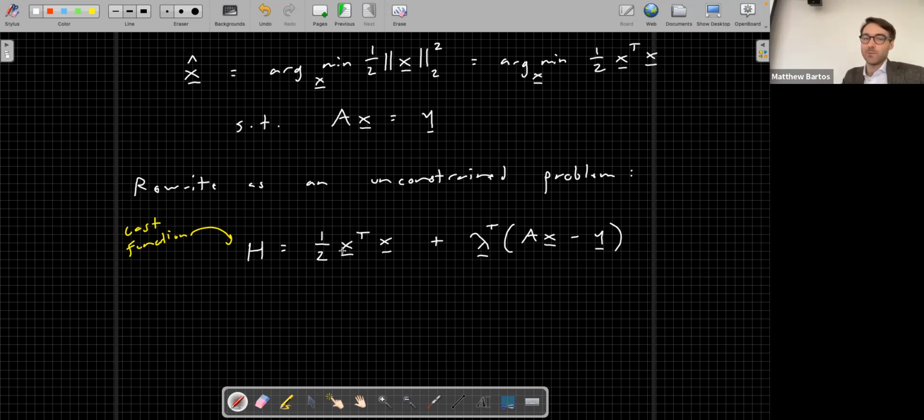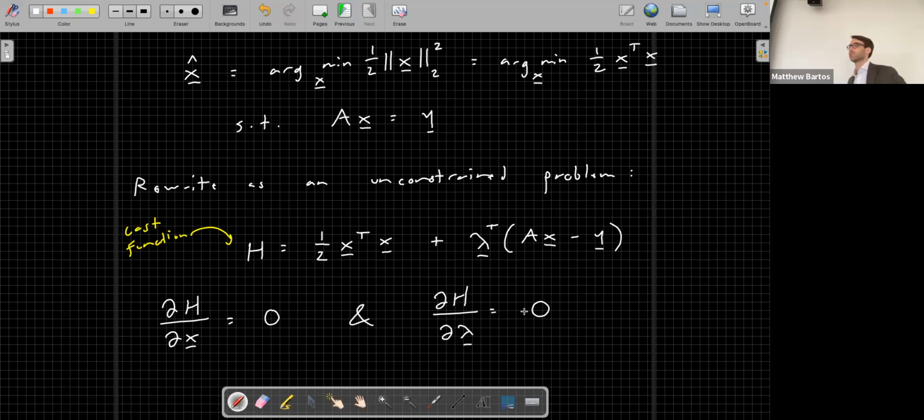We want to minimize both of these terms. And from the method of Lagrange multipliers, we know that the optimal solution to this problem is found when dh/dx is equal to 0 and dh/dlambda is equal to 0. So let's go ahead and try that.